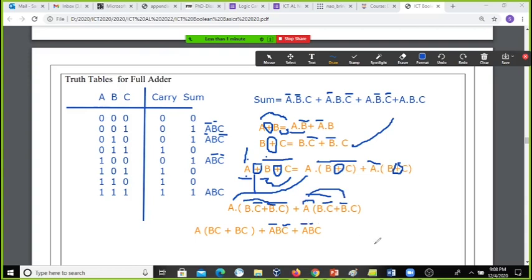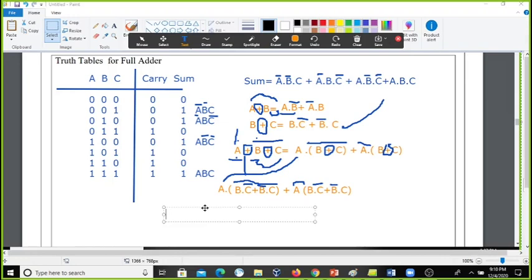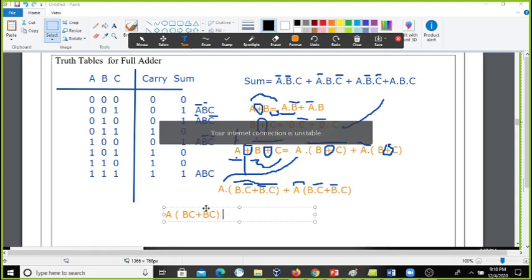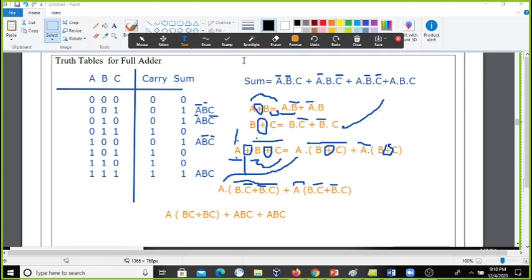Now what I want to show you is that we can simplify this one again. A bracket BC plus again BC, and you can expand this, then you get ABC plus ABC. Now here when you expand this, you get A bar BC bar.